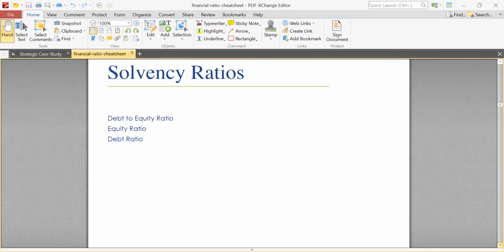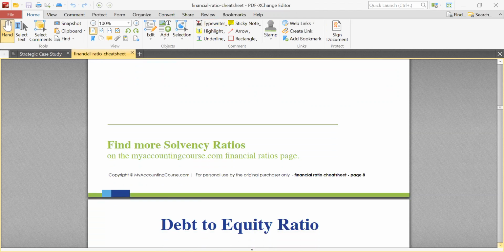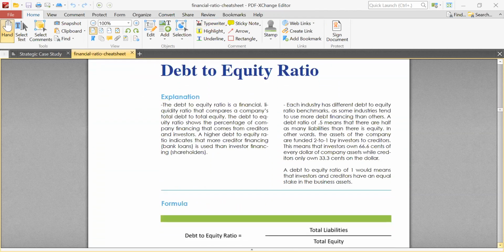Solvency ratios. For solvency ratios, we have the debt to equity ratio, the equity ratio, and the debt ratio. So what is the debt to equity? When you hear debt to equity, the "to" means over.